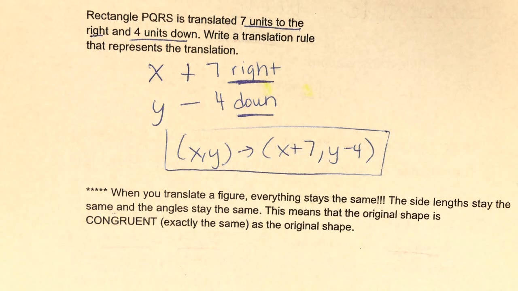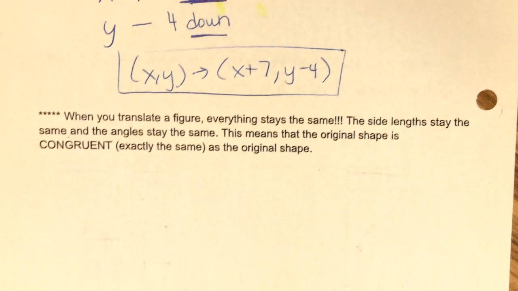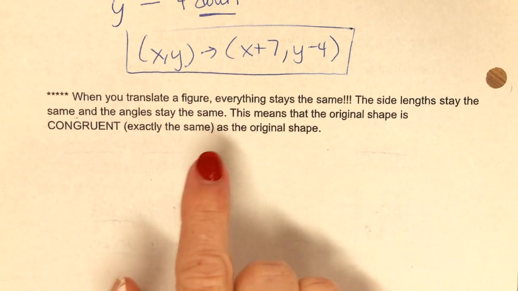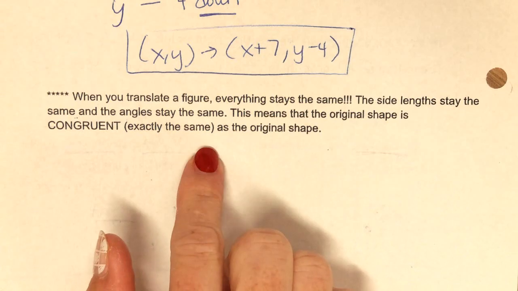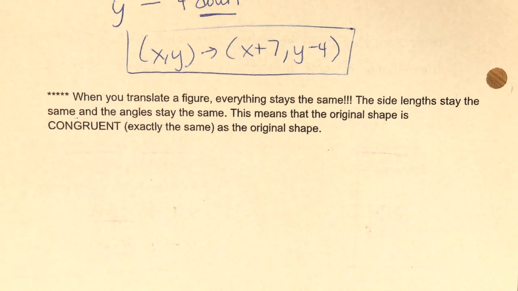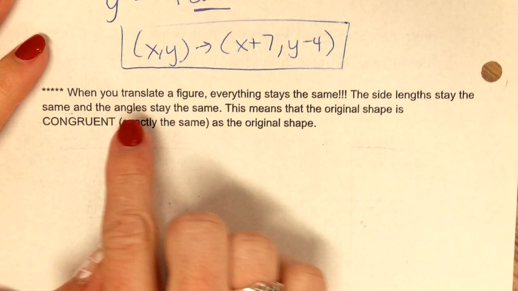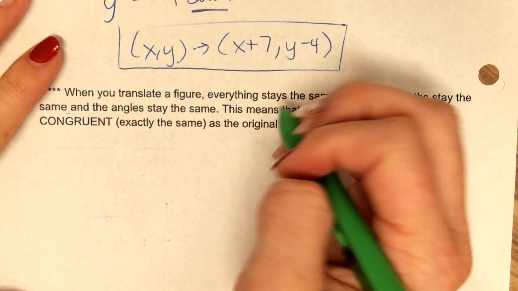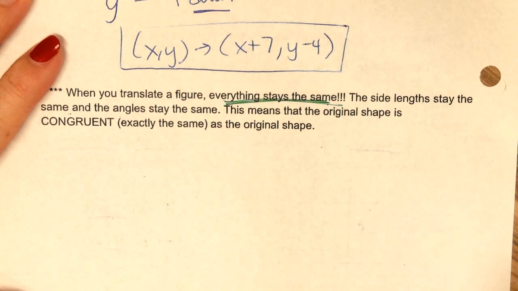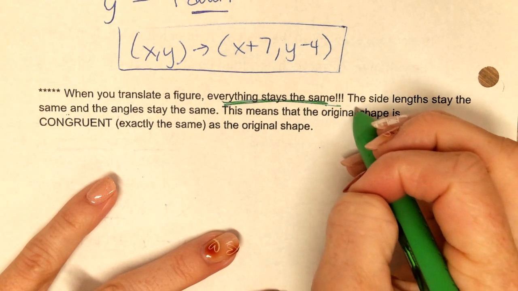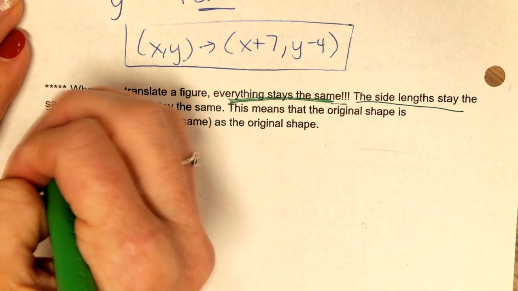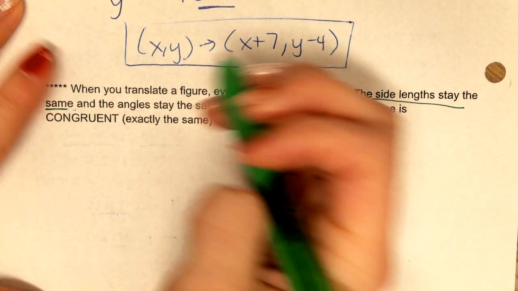Yes, we're good? Okay, now I wrote some answers to questions right here. I'm going to read them to you because it's part of your assignment. So let's read it. It says, when you translate a figure, everything stays the same: side lengths stay the same and the angles stay the same.